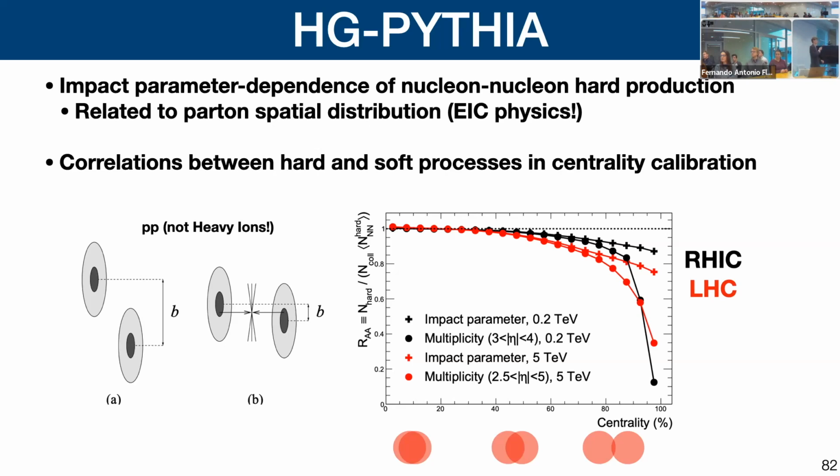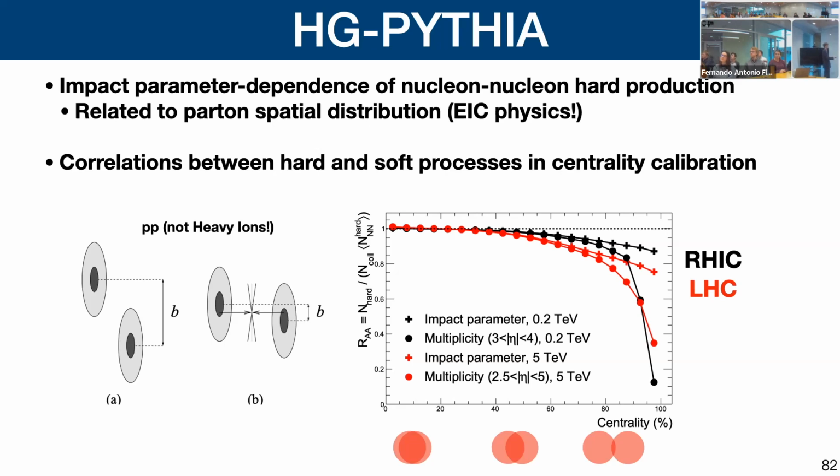So what they found was, if you think of a whole ion, as you separate the ions, you are also on average increasing the impact parameter of the individual nucleons within the ions. You can think of a collision where the two ions barely touch; the two nucleons that barely touch will also have a very large impact parameter because they're barely hitting. So there's a correlation. This correlation effect means that the soft production, which is based on the impact parameter of the whole ions, and the hard production, which is based on the impact parameter of the nucleons, are correlated. This correlation did give us a little bit of suppression.